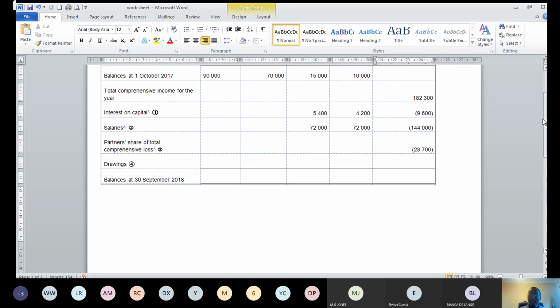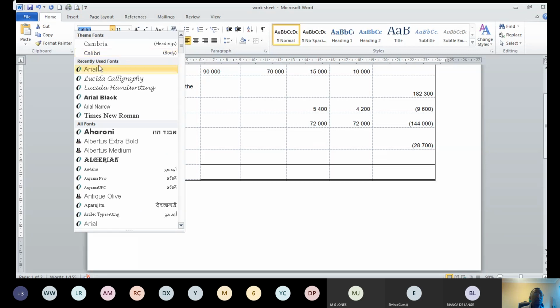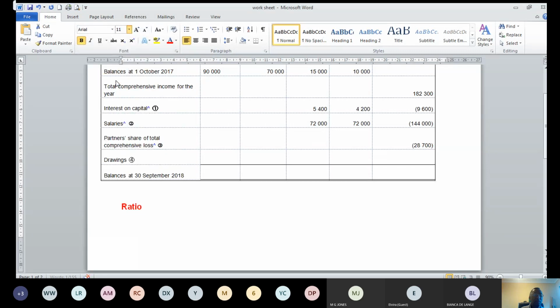Right. So now we have calculated the available profit. The profits will now be shared amongst the partners in the ratio given to us, which is 2:1.